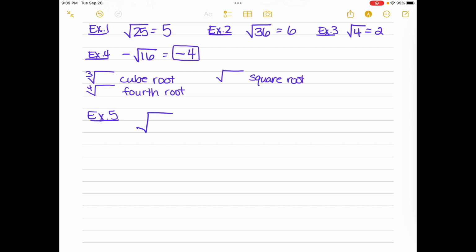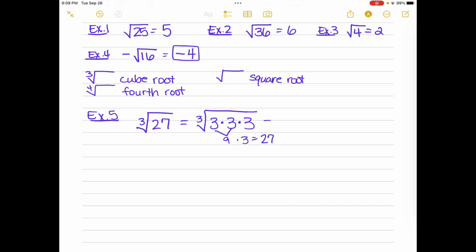We have the cube root of 27. That little 3 right there means that I need to find something that times itself 3 different times. On this one, I know that 27 is 3 times 3 times 3. So this is 9 times 3 is 27, right?